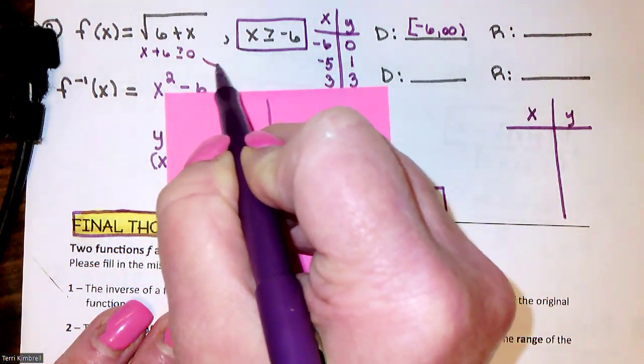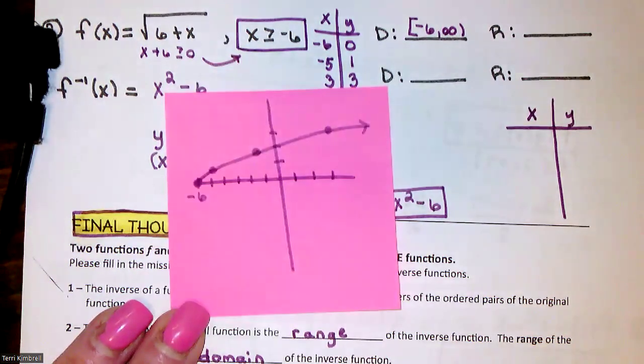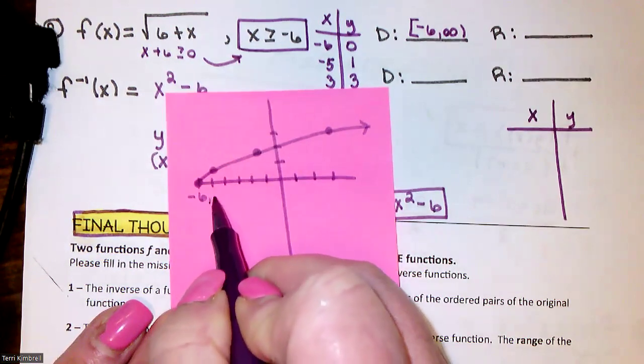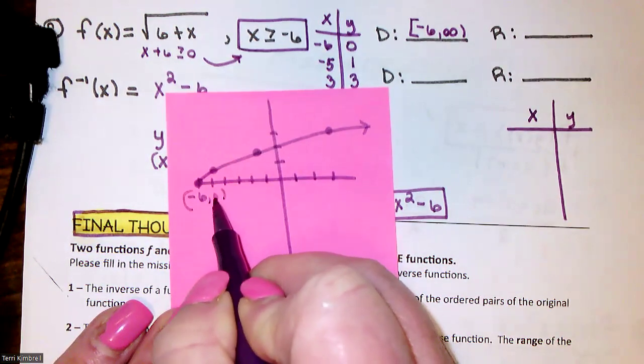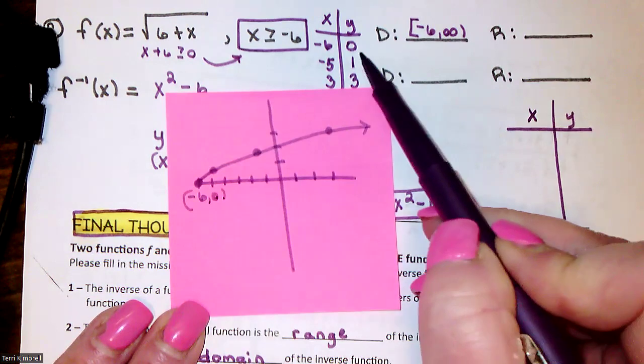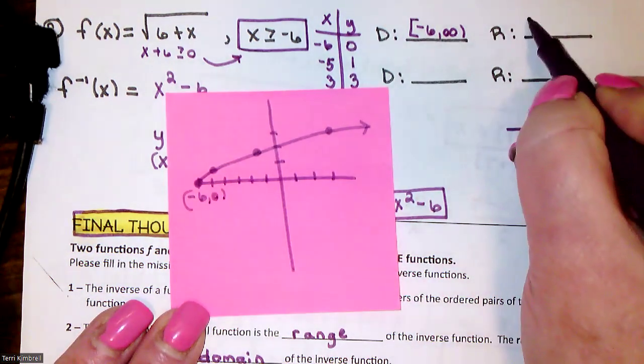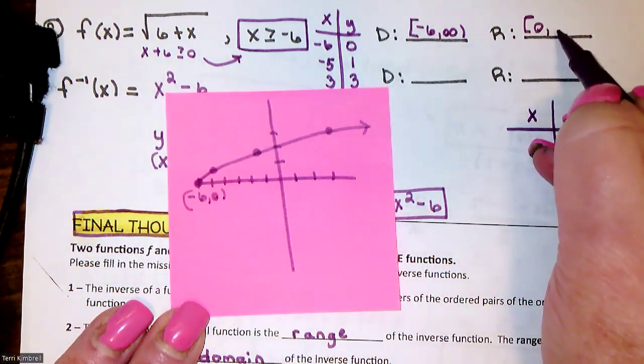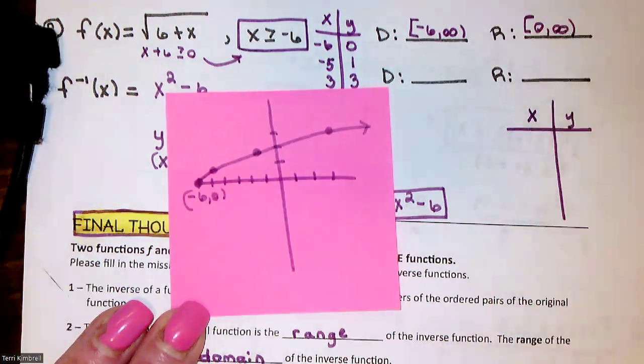So when you solve that, you get x greater than or equal to -6, okay? So then the range is going to be, when you think about this number, -6, 0, the range starts at 0. And then what happens after 0 is it goes to positive infinity, okay?